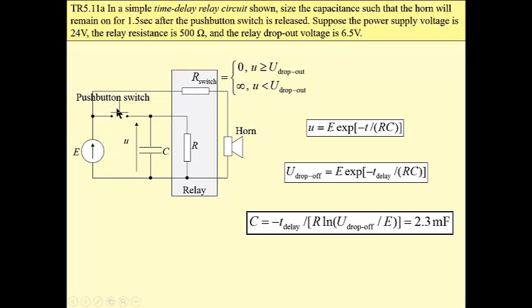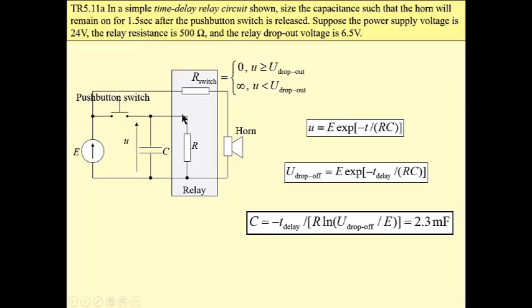on. When the push button is released, the capacitor is discharged through this resistance, and we want this horn to be on for 1.5 seconds, until this threshold voltage is reached.